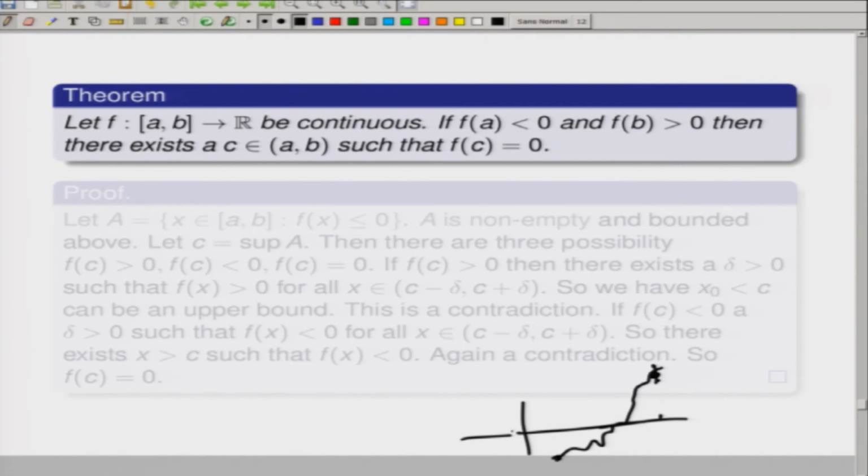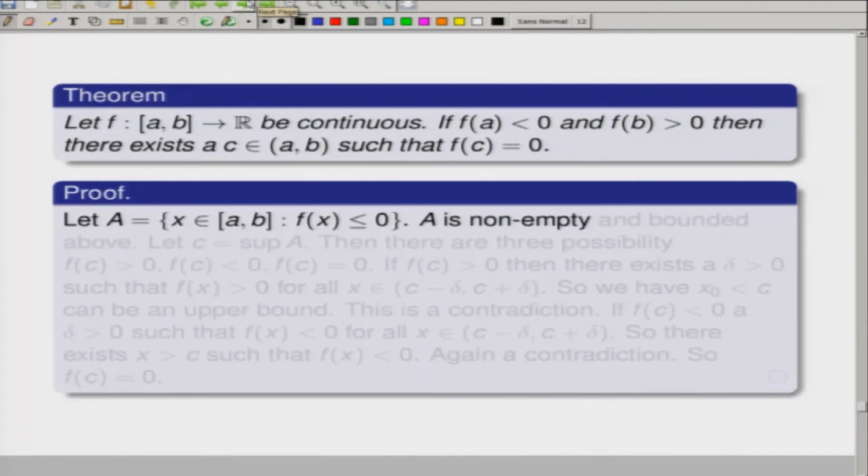That means I have to cross the x axis. That means f is going to take the value 0 somewhere between a and b; otherwise, without crossing the x axis, I cannot reach f(b), which is a positive number. So I have to cross through 0. That is a very important theorem. I will try to explain the proof.